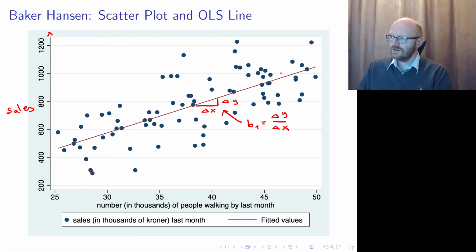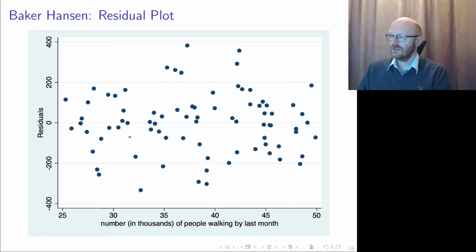In order to check the linearity of this relationship, we could plot the residuals against the x, right?